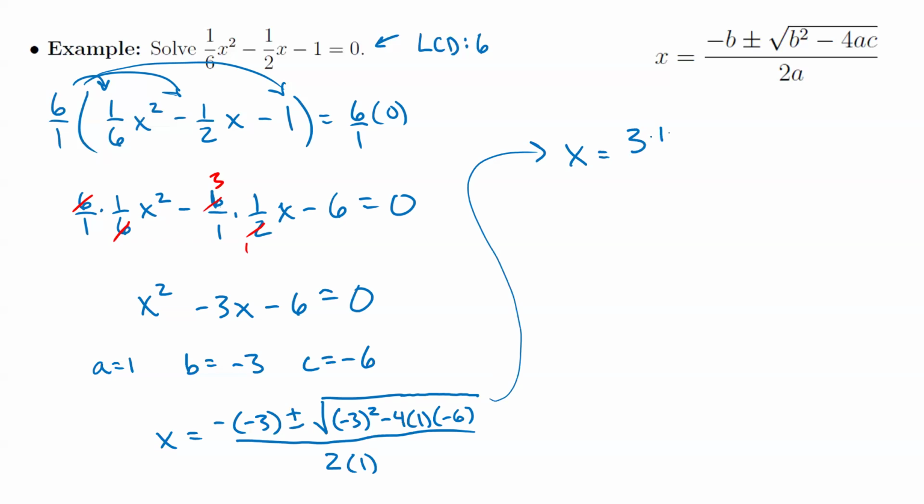So 3 plus or minus square root of, so we'll have 9, but then negative 4 times 1 times negative 6 is positive 24.